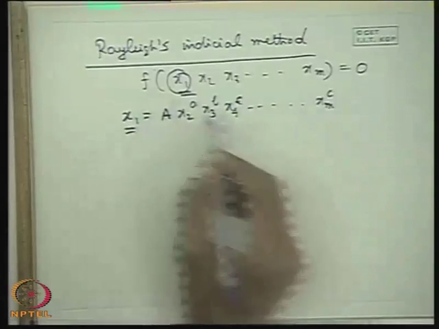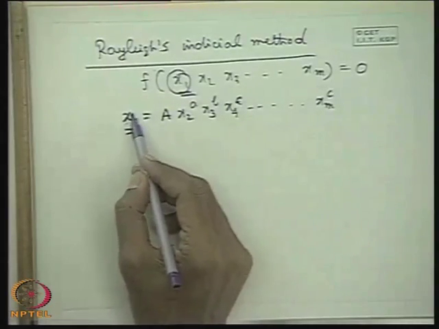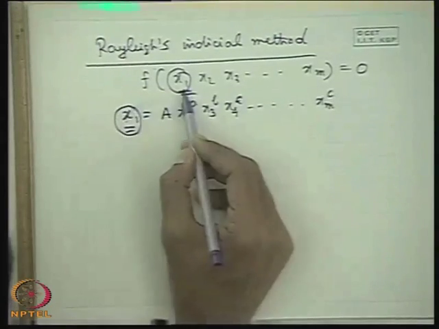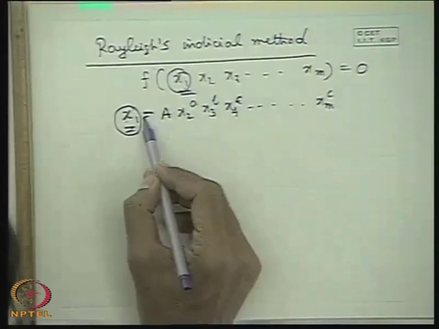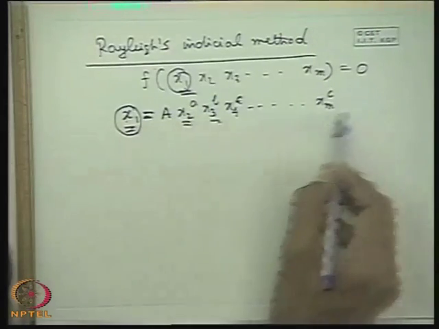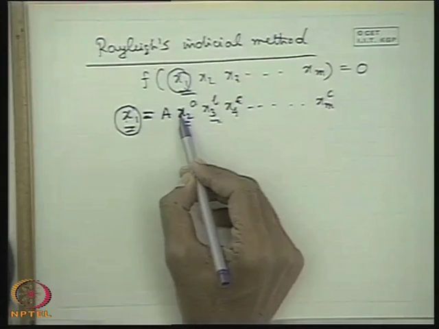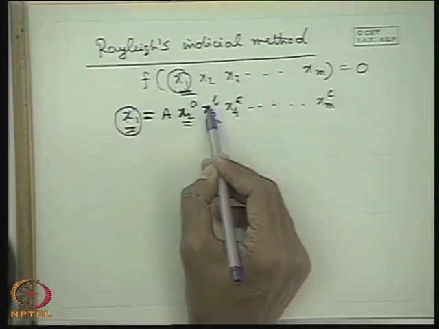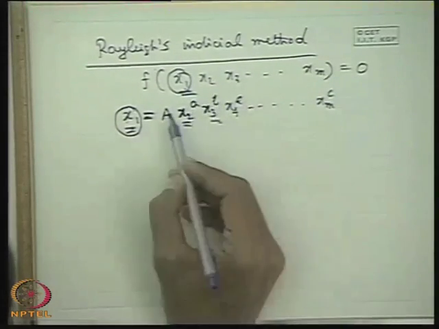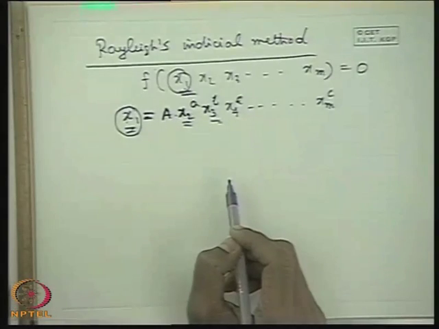That means in Rayleigh's method we first recognize the dependent variable and express it as a product of the independent variables raised to unknown indices, multiplied by a constant.